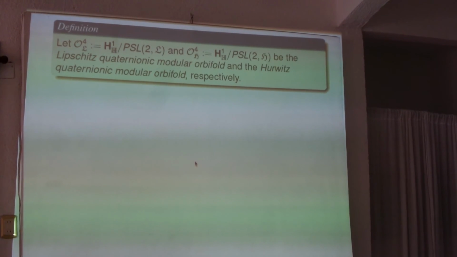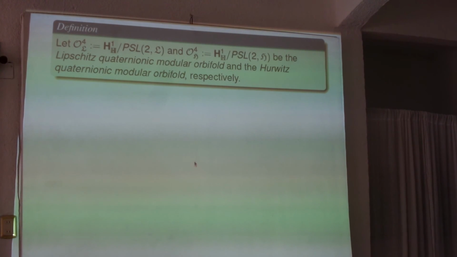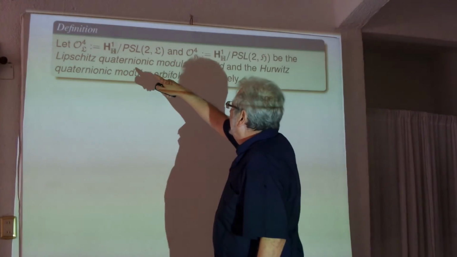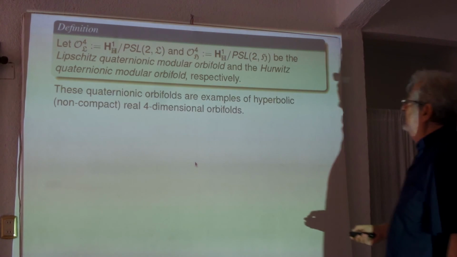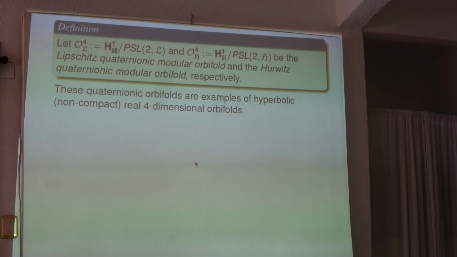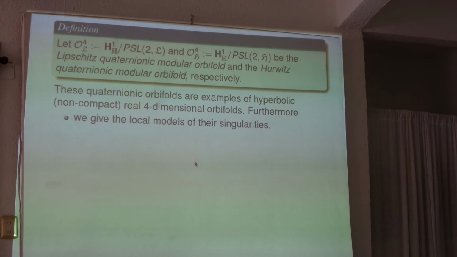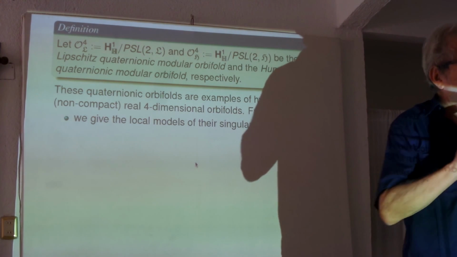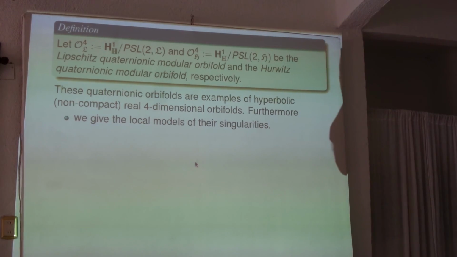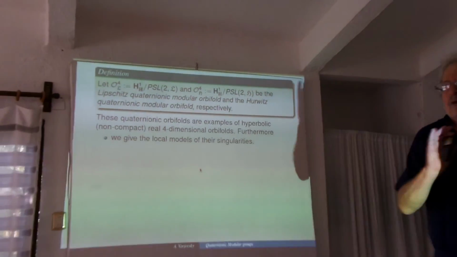now you have orbifolds. You take the upper half space divided by the Lipschitz group, and you have beautiful orbifolds. And the important thing is that we give a thorough description of the model orbifold, the isotropy groups, a complete, very long and detailed description of all the properties of the solid.